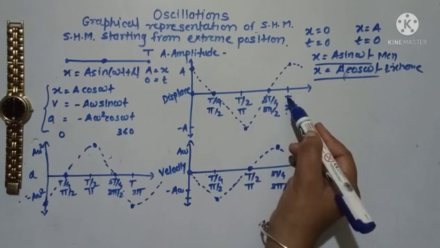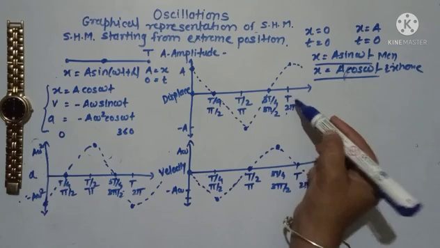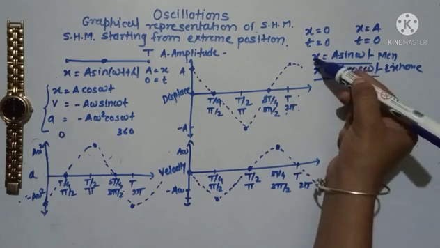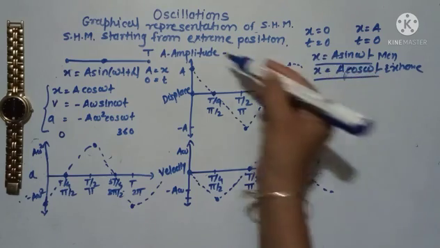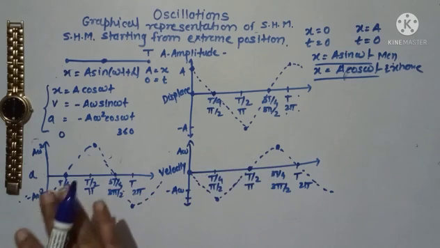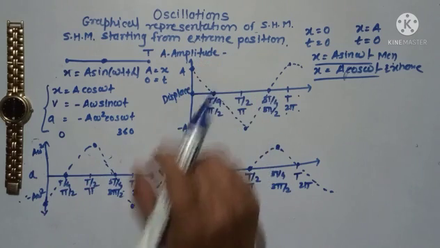When this time is completely T, that is related to 2 pi. Once you know the relation between time and phase, and the displacement, you can draw all 6 diagrams, the 3 which we have seen in the previous lecture for the mean position and these 3 for the extreme position.